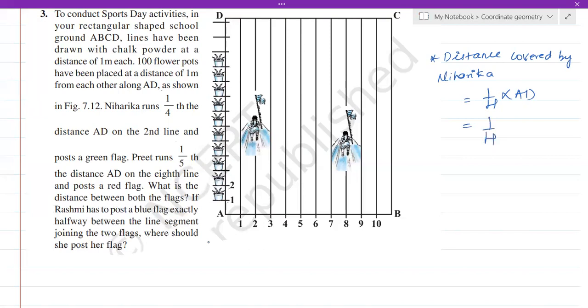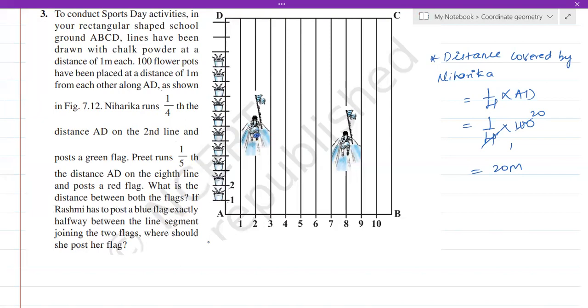AD value is 100 because there are 100 pots which are at 1 meter distance. So the total value will be 100 meters. So we get it as 25, which means she has covered a distance of 25 meters. So she is at a distance of 25 meters.